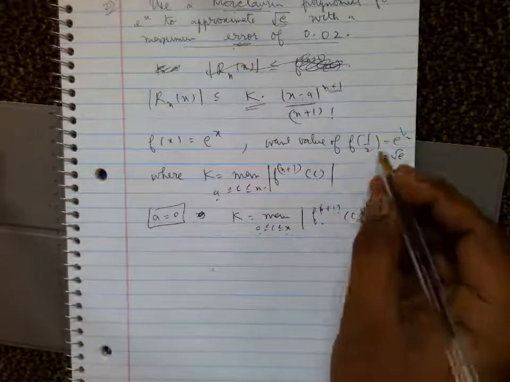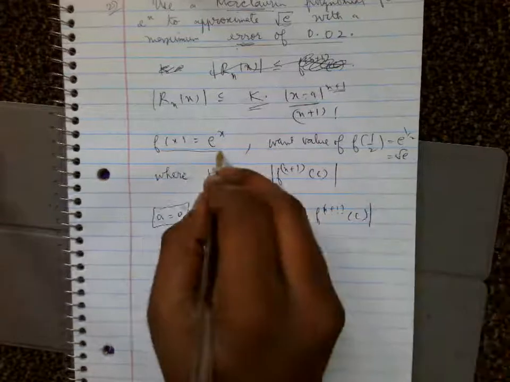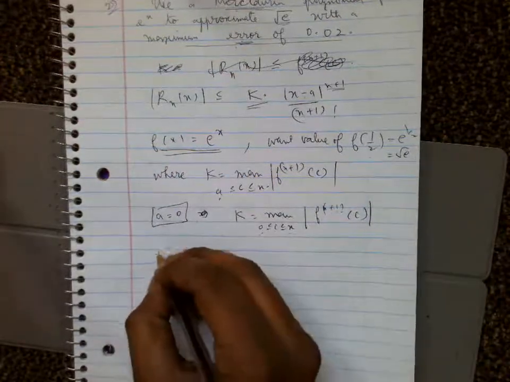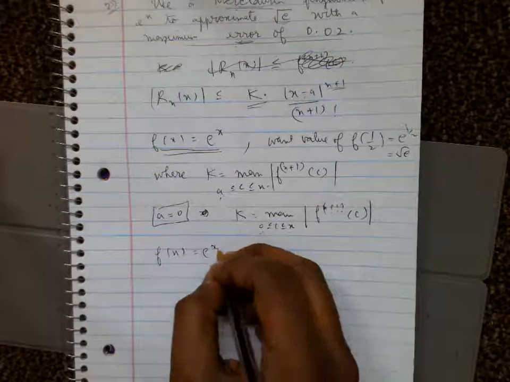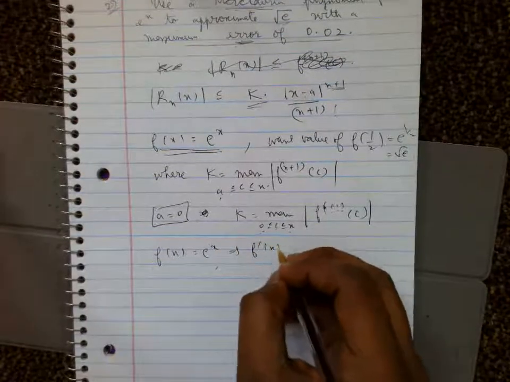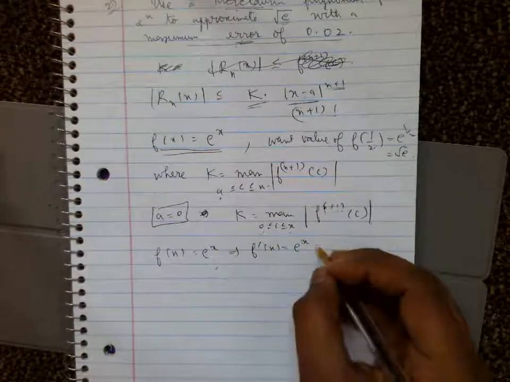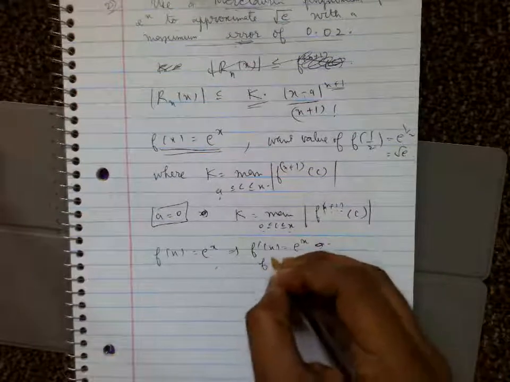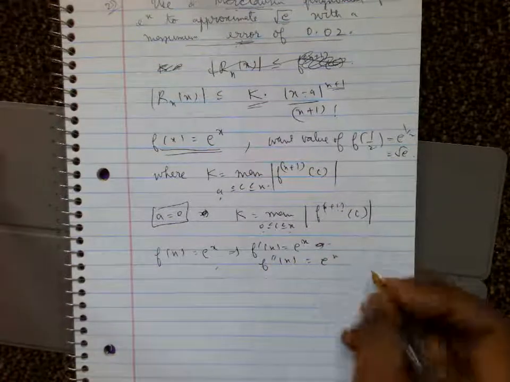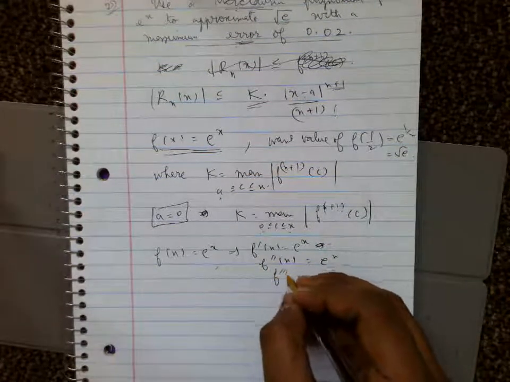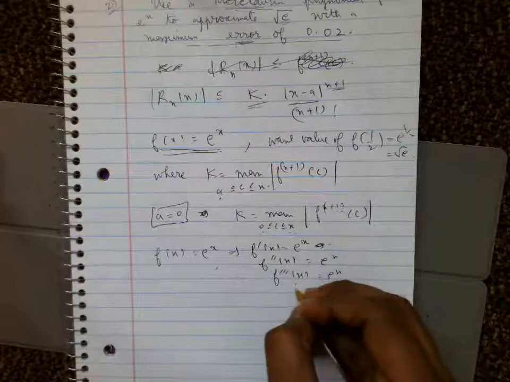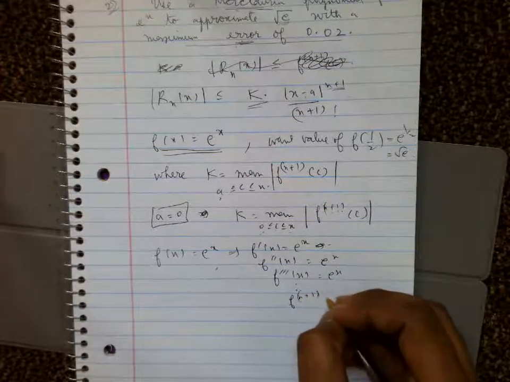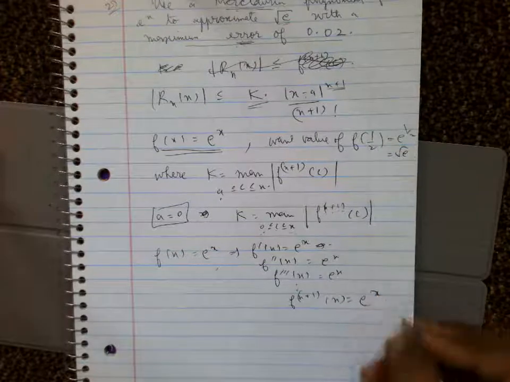So this is the n plus 1 derivative of the function, and the function we are taking here is e to the power x. So f of x is e to the power x, that means f prime of x is e to the power x, f double prime is also exponential of x, f triple prime is also exponential of x. In fact, any derivative is exponential of x.